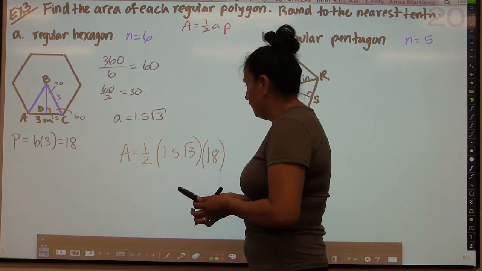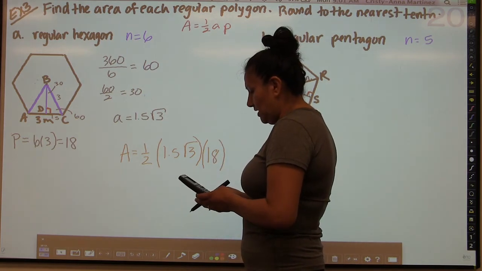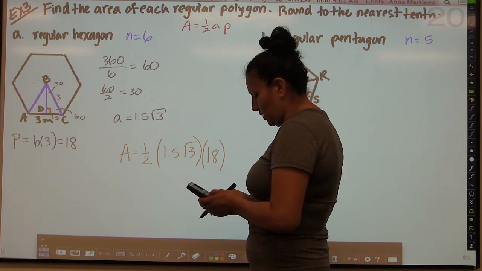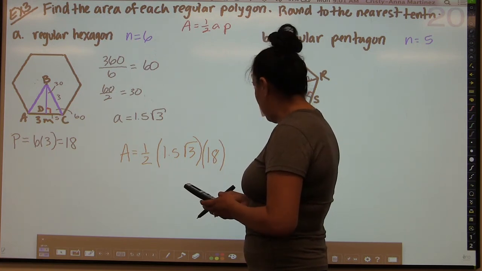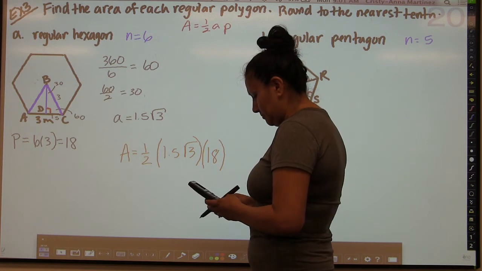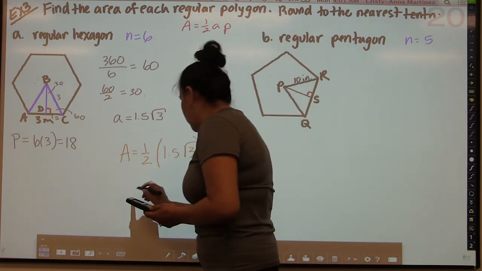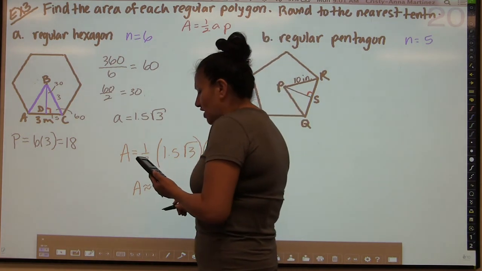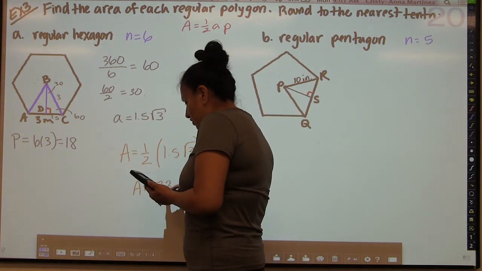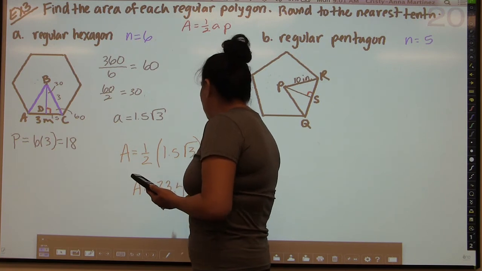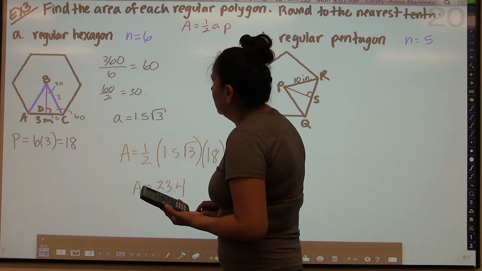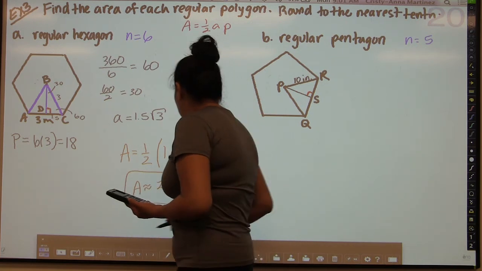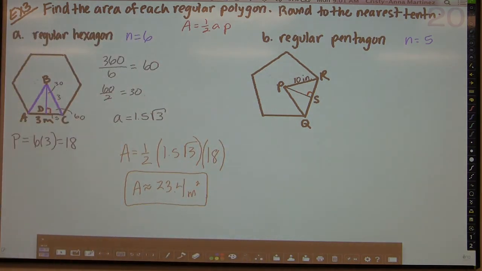So now we have 1/2 is 0.5, times 1.5, times root 3, and then times 18. So it turns out that our area, we're going to round to the nearest tenth, 23.4 because it says 23.38. So 23.4, and we are in meters here, meters squared. 23.4 meters squared.